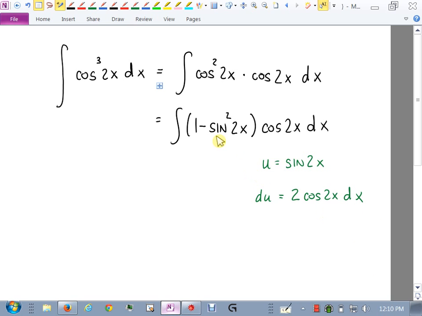The derivative of sine 2x is cosine 2x, but then the derivative of the 2x is 2. So make sure you account for that 2 right there. Chain rule. And that does not match what I have, does it? So I have to scale everything by 1/2, which means 1/2 is going to pop out of this integral.